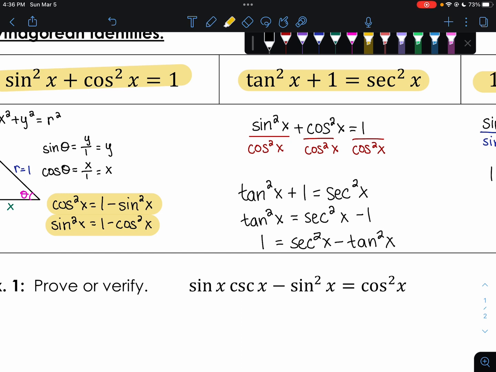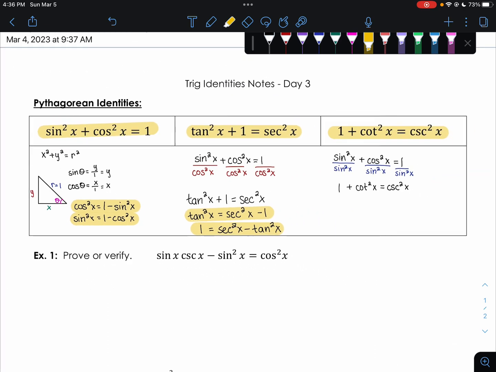So again, needing to know that those are the same thing as the one above. So not only do we have just 3 main ones, but you have 2 different versions of each main one. So that makes 9 identities, but 3 different ones, okay?